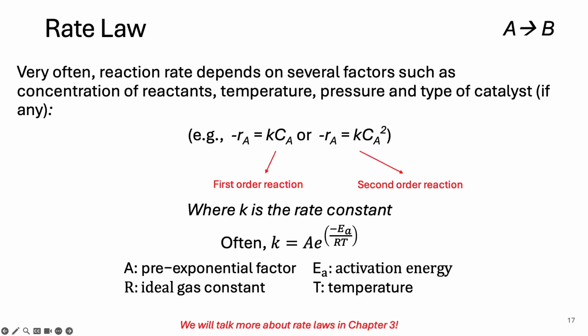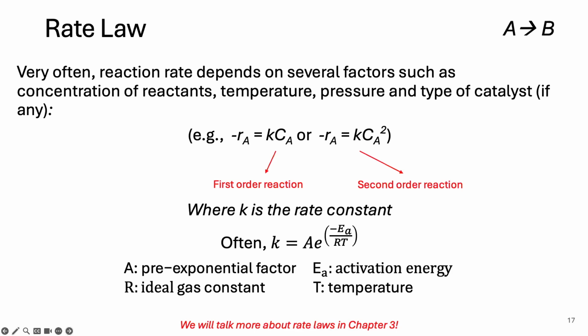Typically, we'll write our reaction rate in terms of a rate law, where it's directly proportional to concentration by some order. In this case, if it's a first order reaction, our rate of reaction is equal to k C_A, k times the concentration of A. Or if it's a second order reaction, it'd be equal to k C_A squared, and so on.